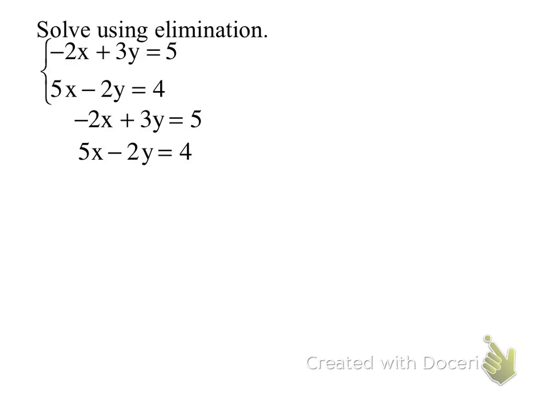They're manipulating the x. So when I multiply everything by 5 here, it's going to become what? Negative 10x plus 15y equals 25.